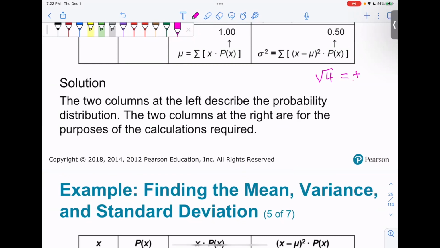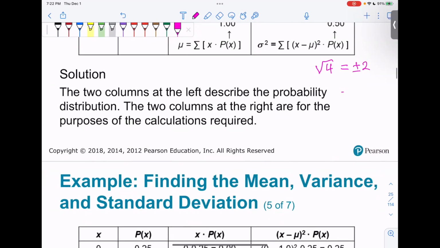It's 2, plus or minus 2. Because negative 2 times negative 2 equals 4, and 2 times 2 equals 4. So the square root of any number can be positive and negative. But since we know the standard deviation is never negative, we will take just the positive value.